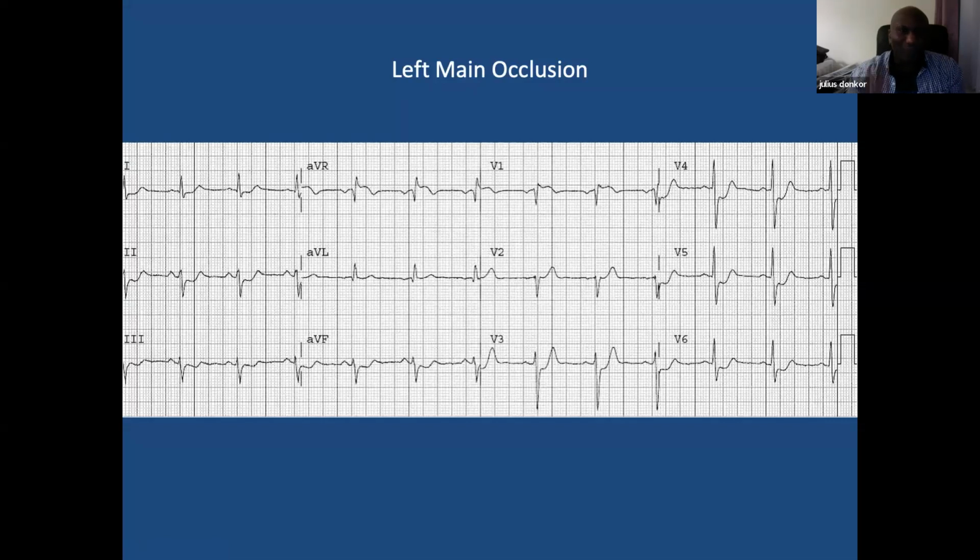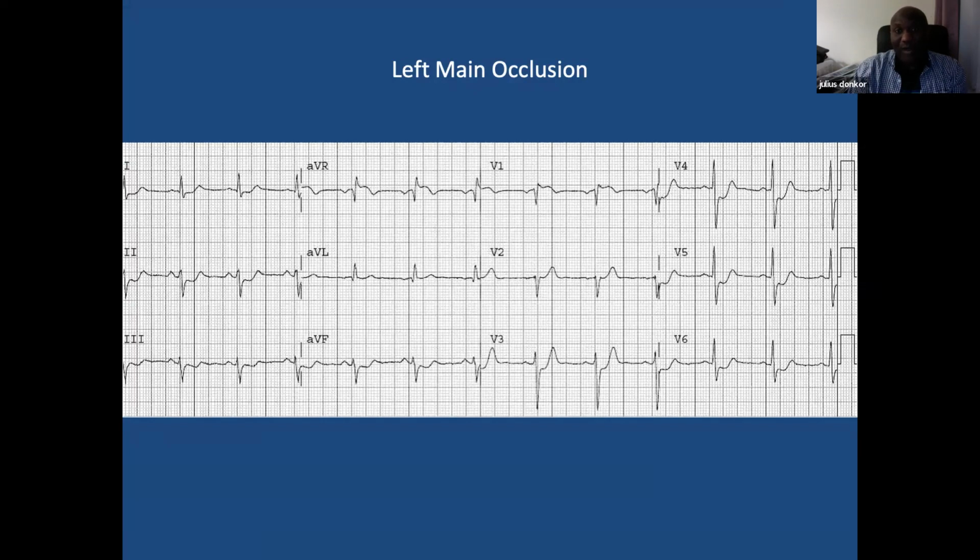So the left main we were speaking about. With left main, you get widespread ST depression, but you get ST elevation in your AVR and most of the time in your V1. So that's a left main occlusion.